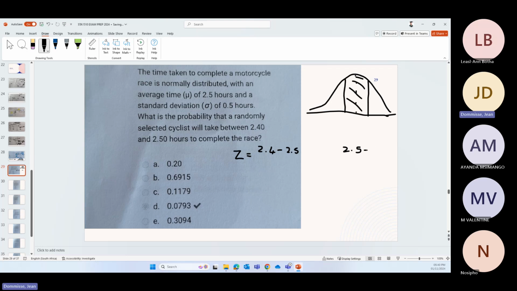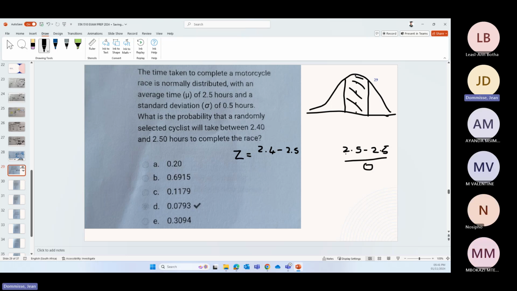Okay, 2.5 minus 2.5. I don't worry what this is going to be underneath, because 2.5 minus 2.5 is 0. I'm just going to write here, we've got our standard deviation divided by n, but this Z is going to be 0. So this is going to look a bit different.